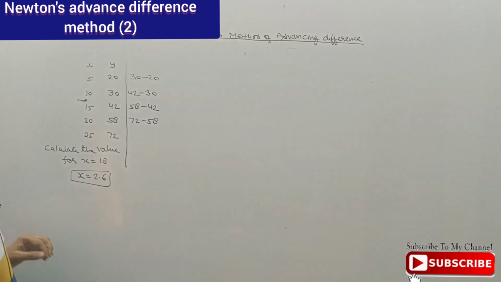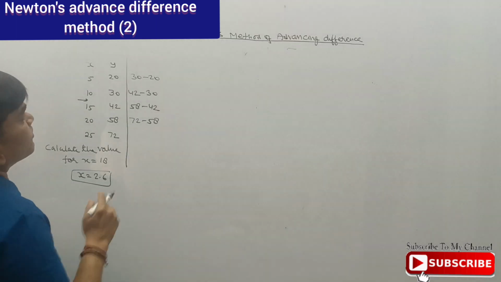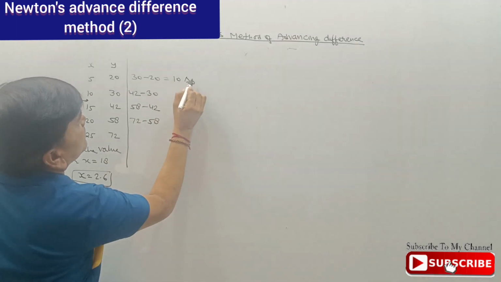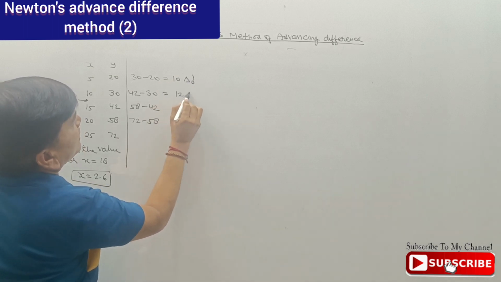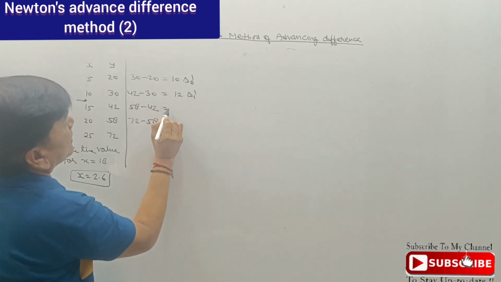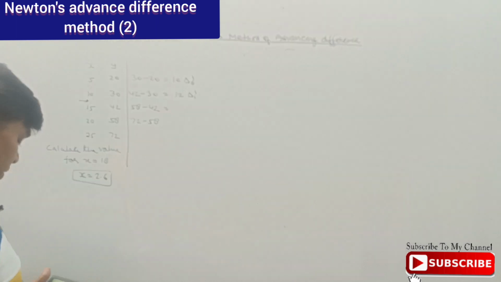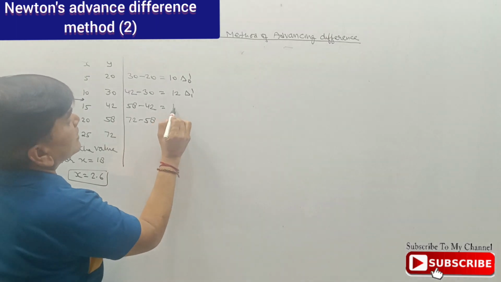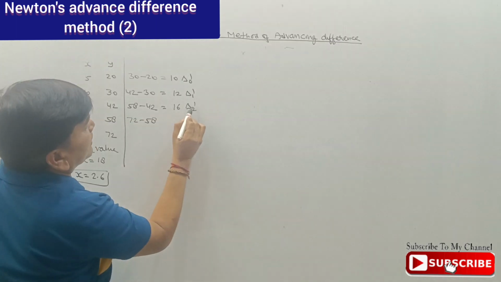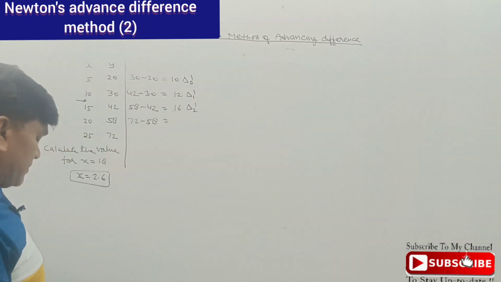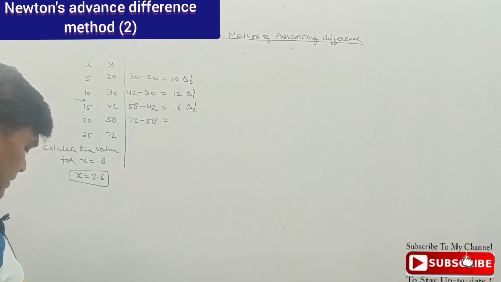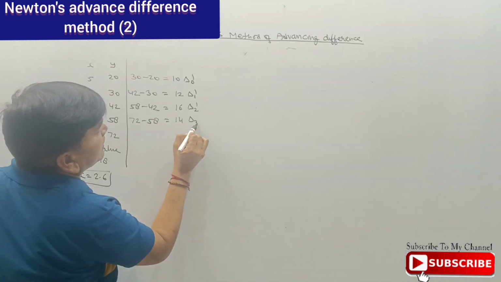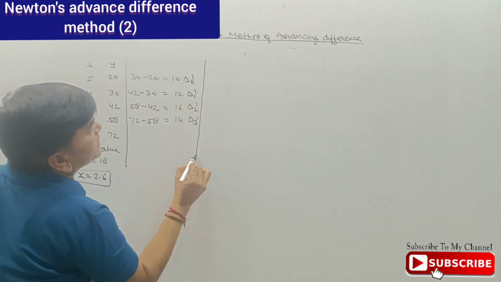These are the advanced difference numbers. The first is 10, that is delta 0 1, then 12, that is delta 1 1, then 58 minus 42, that is 16, delta 2 1, and last 72 minus 58, that is 14, delta 3 1. So this is the first difference.